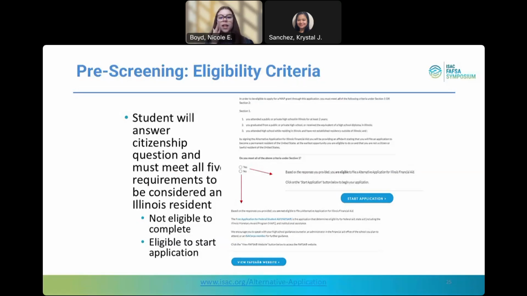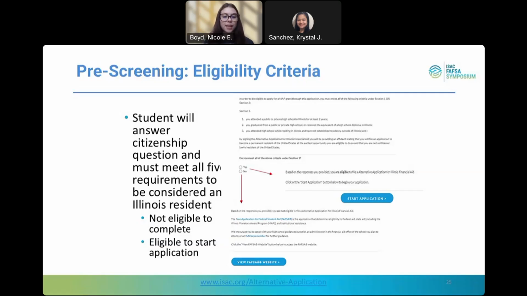If they are, they will see that based on the responses you provided, you are eligible to file an alternative application for Illinois financial aid. Click on the Start Application button below to begin your application. They would click on Start Application and proceed from there.